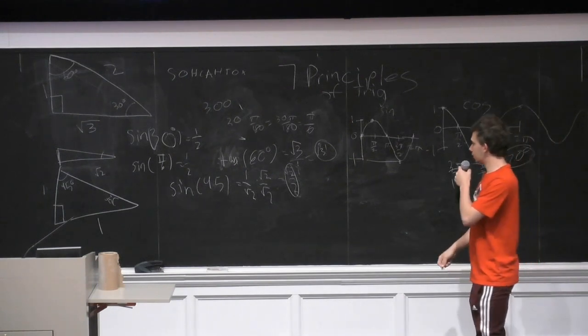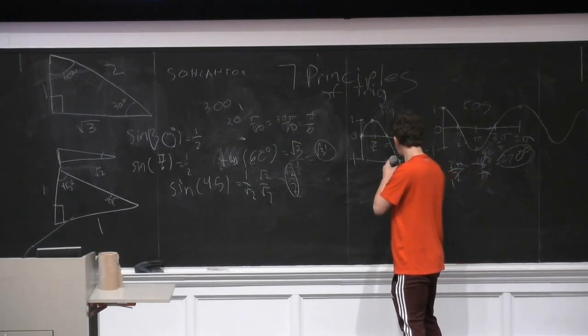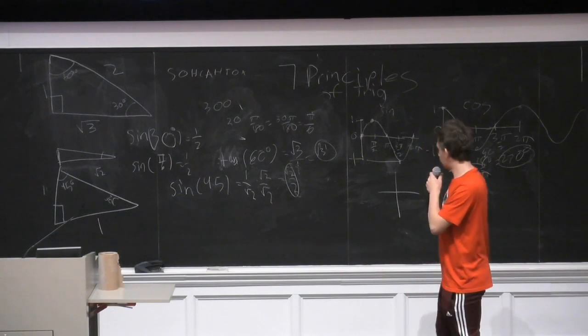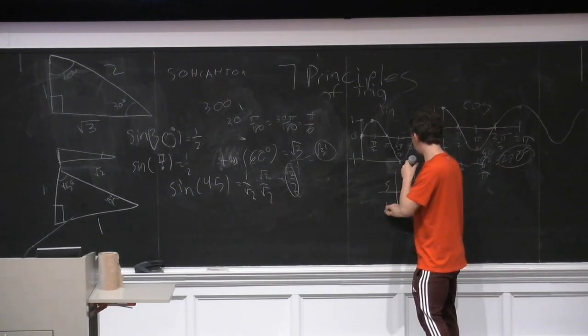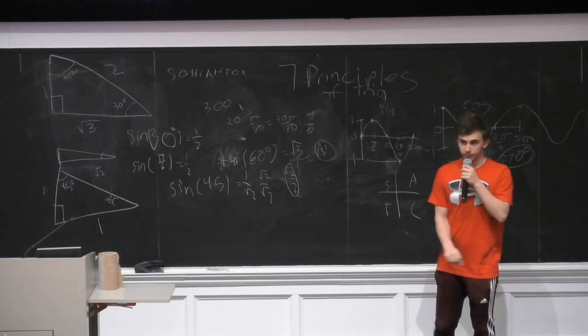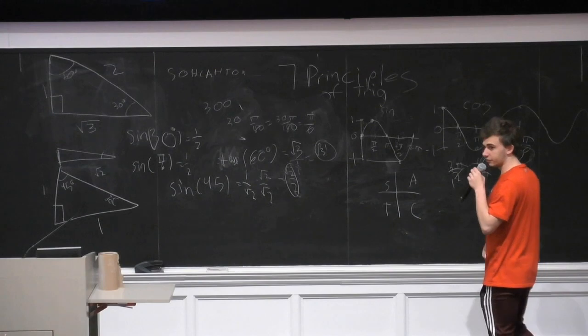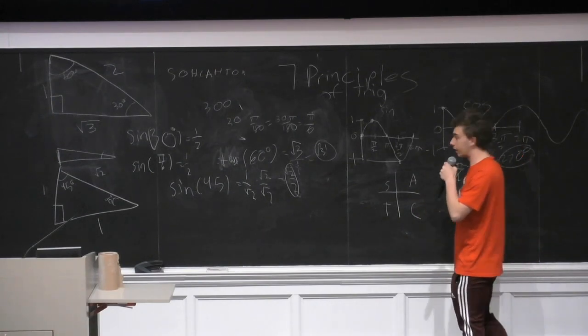Another principle of trig is when things are positive. So how I like to make it's called ASTC. Now I know maybe you all haven't taken calculus yet, but a way to remember this type of graph is ASTC, or all students take calculus. That's how I remembered it.